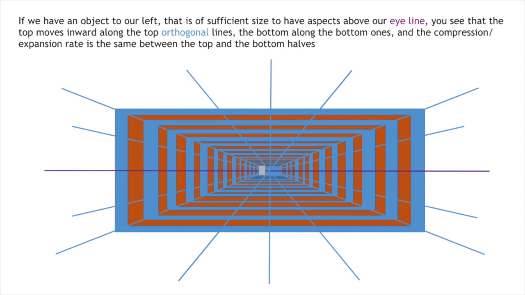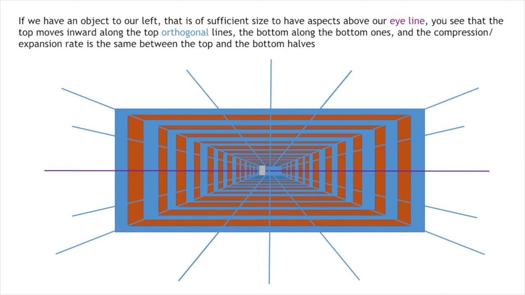If we have an object to our left, so again, in that previous example, the object was straight in the middle of our eye line, and we were straight in the middle of that corridor. But now if the object's to our left and is of sufficient size to have aspects above our eye line, you see that the top moves inward along the top orthogonal lines, the bottom moves along the bottom ones, and the compression expansion rate is the same between the top and the bottom halves.